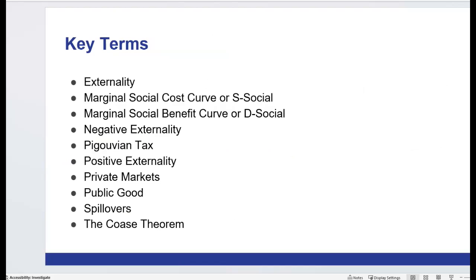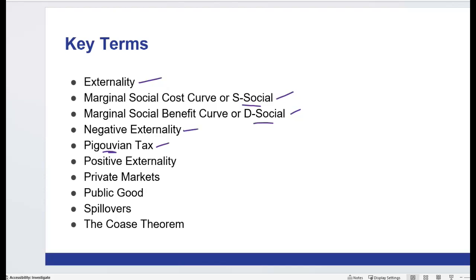So these are the key terms for this chapter. We've defined the externality. We've looked at how those externalities would actually create a separate demand or supply curve that we could call the social optimum. We can tax negative externalities with what is called a Pigouvian tax. We didn't use the word, but Arthur Pigou came up with that concept.